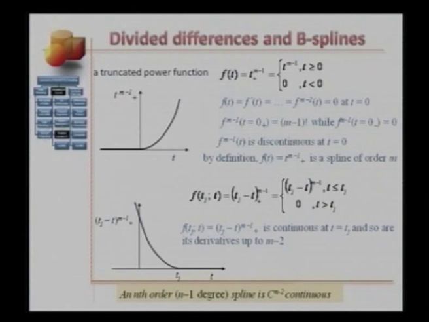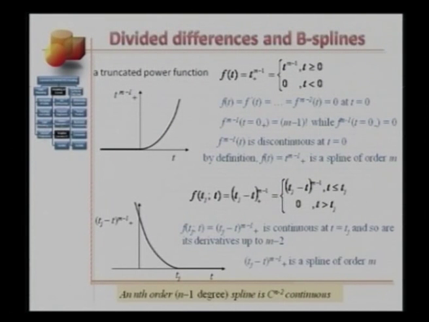Now, by the observations that we made for the parent truncated power function, which is this one, can we similarly say the same about this new function? We observe that f(tj : t), which is equal to (tj minus t) raised to m minus 1 truncated at t equals tj, is continuous at t equals tj, and that the derivatives up to m minus 2 all exist and they are all unique.